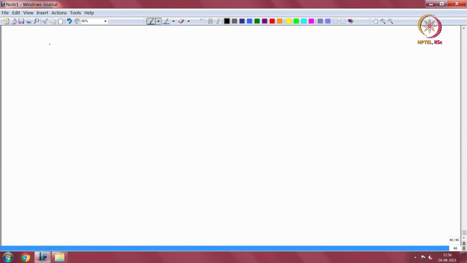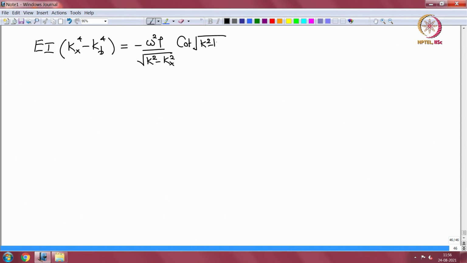The equation I have is EI times kx fourth minus kb fourth, which I have written in a modified form, is equal to minus omega square rho by square root of k square minus kx square, cot of square root of k square minus kx square into a.